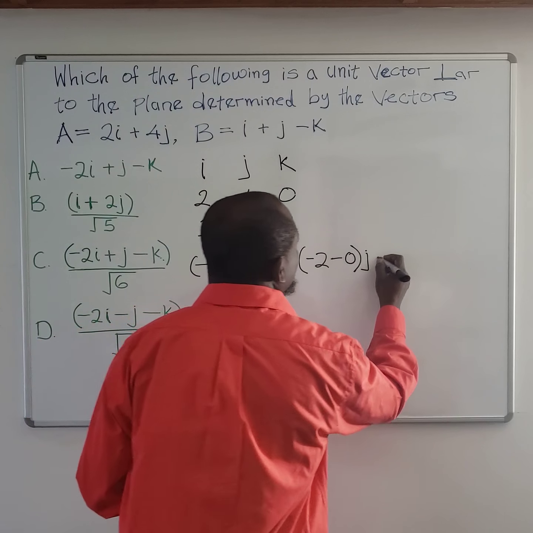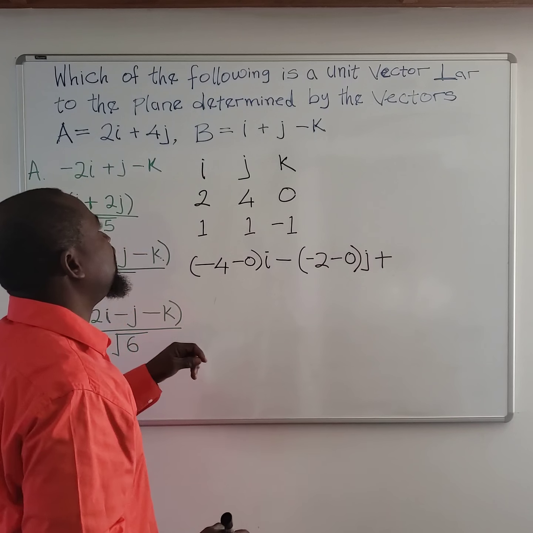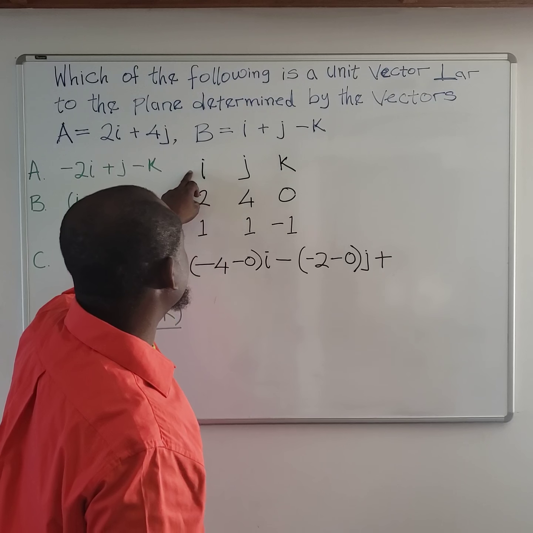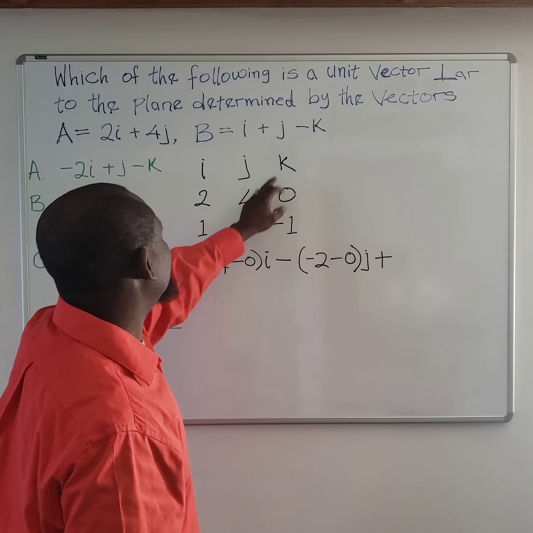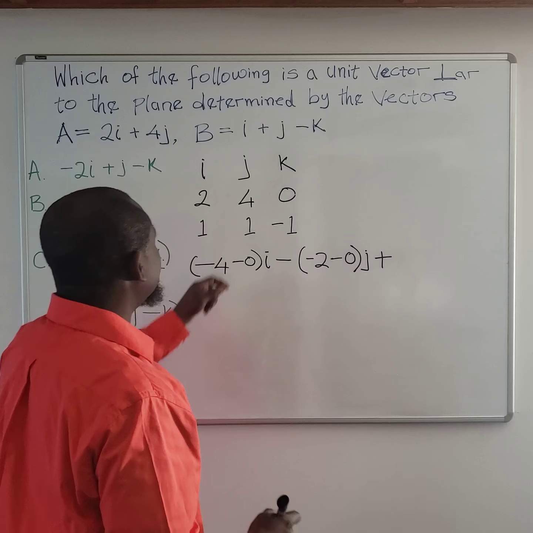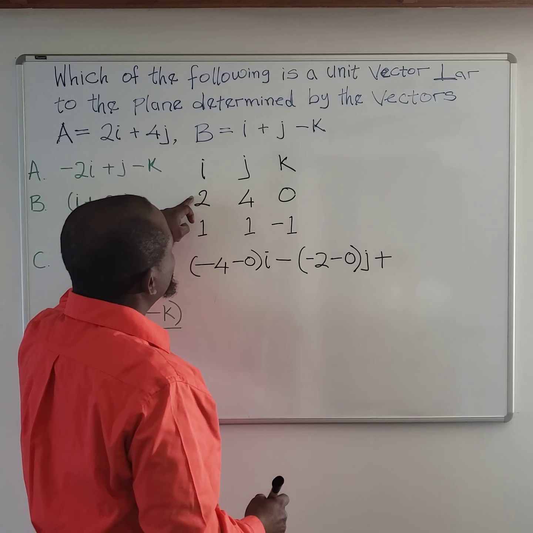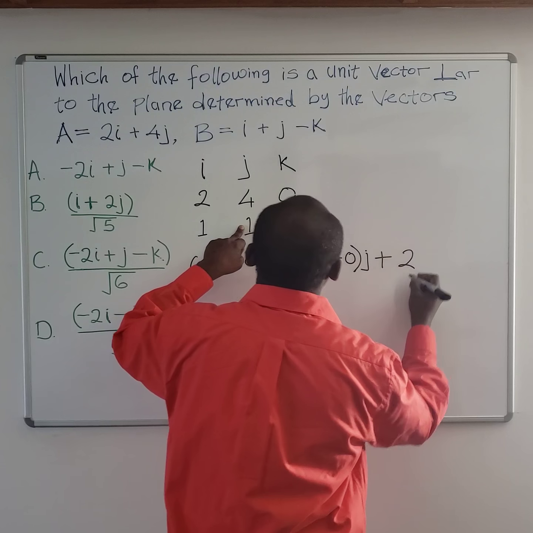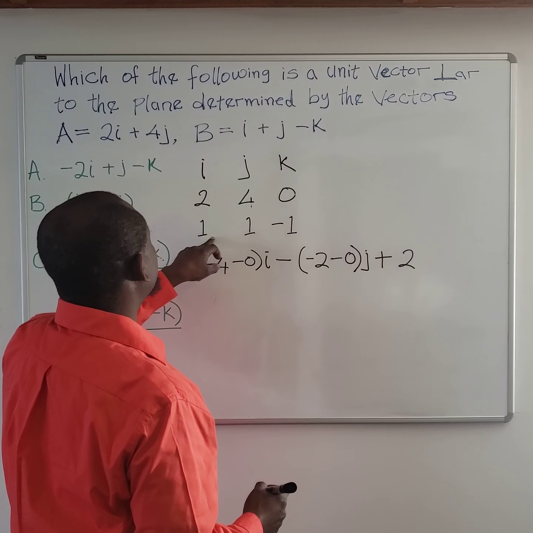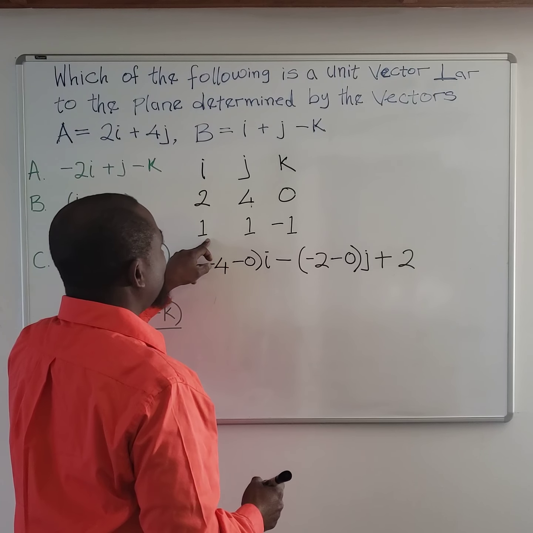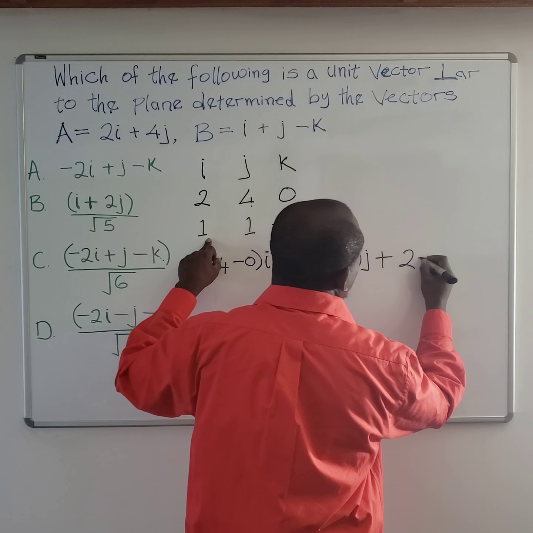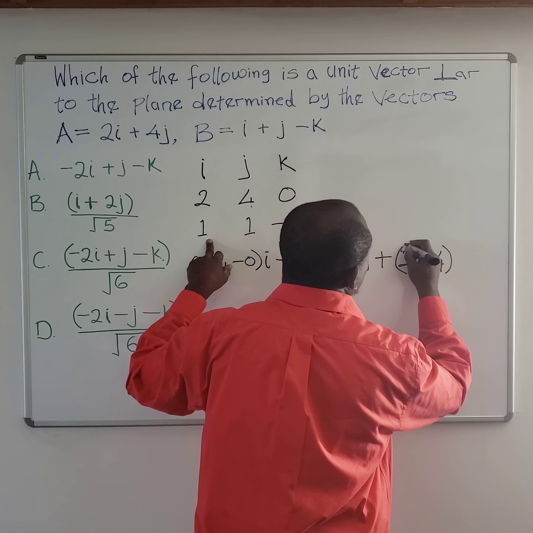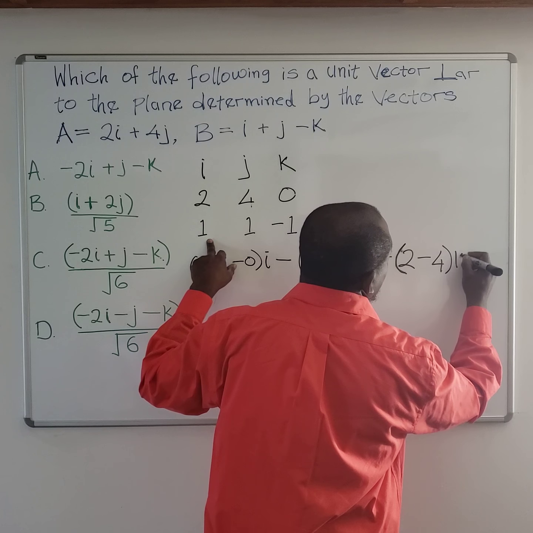And then you have a plus sign here for the k element. You cover up the k element, and you use the i and the j to find that directional element. So 2 multiplied by 1 here, that will be 2, and 4 multiplied by 1 here is 4, but the sign will be negative, so it's -4. So this is your k element.